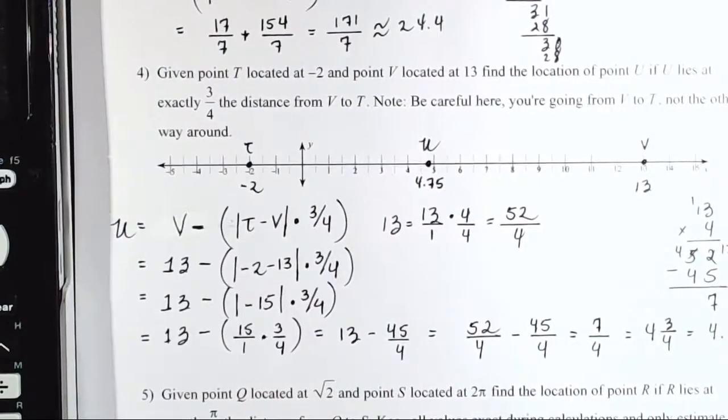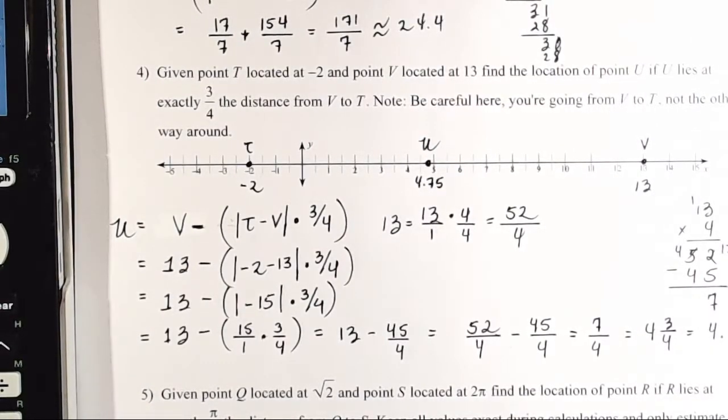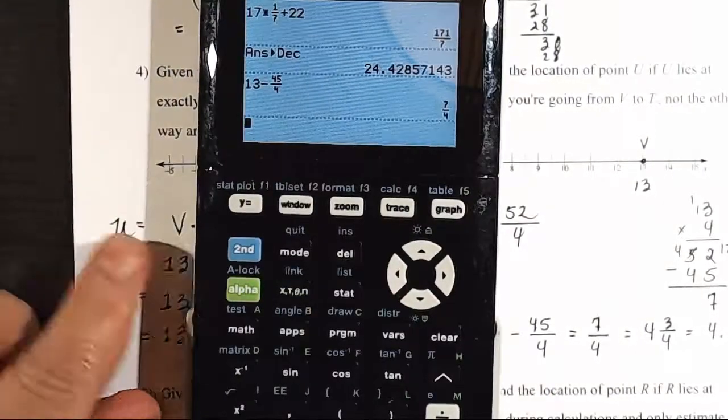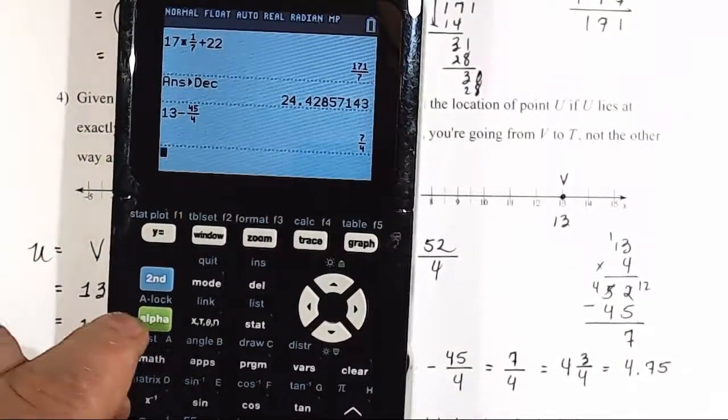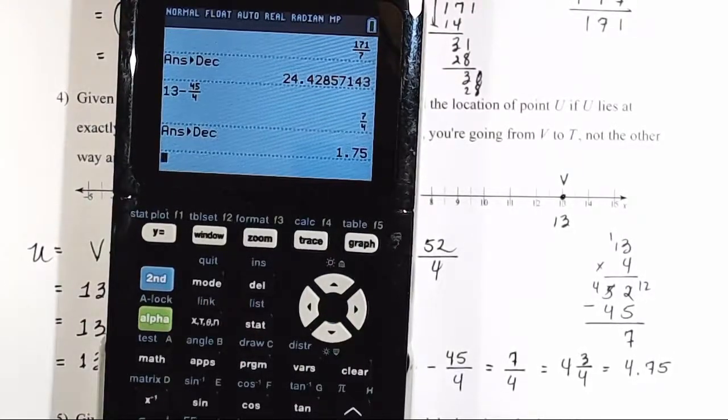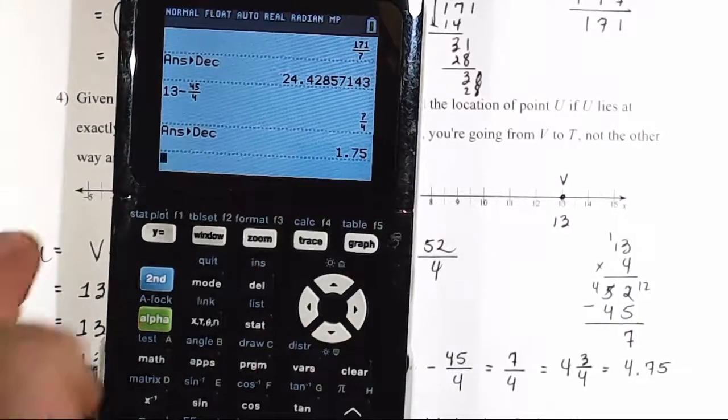So if we're right, then that should be 13 minus 45/4. And that's 7/4. Once again, I put it outside the screen. 7/4, which in decimal gives us, oh, I did 4 3/4.